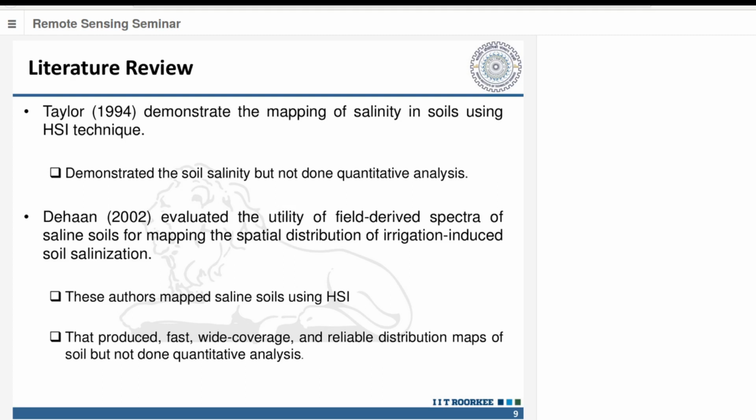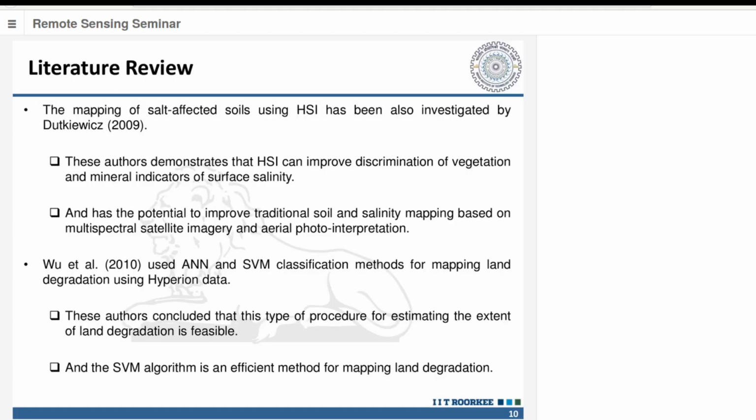In the literature review, many authors have worked using hyperspectral remote sensing for the assessment of soil fertility status, and they have used many kinds of ways. Some authors have used vegetation indices. Many authors use particular wavelength regions to identify soil fertility, and many use both multispectral and hyperspectral data sets to analyze soil fertility status.